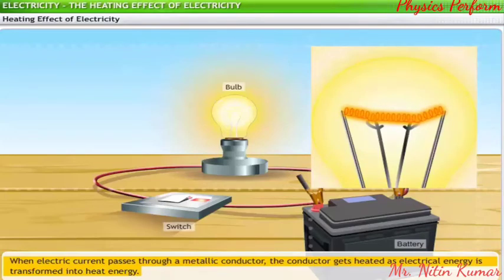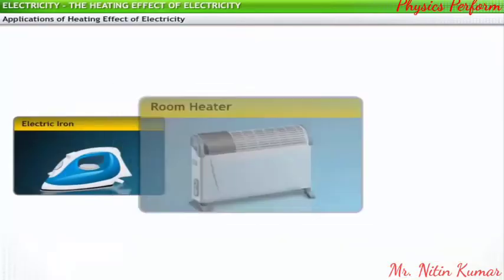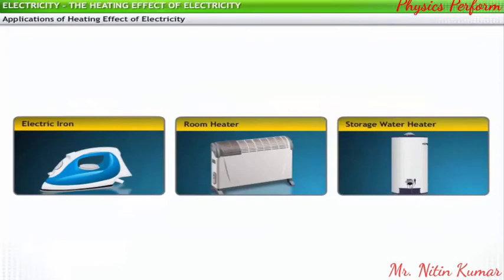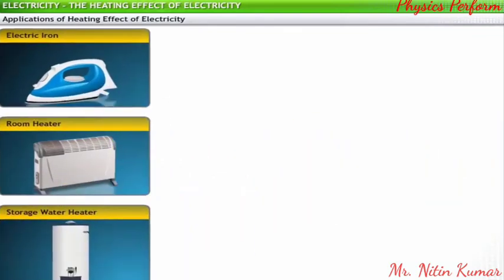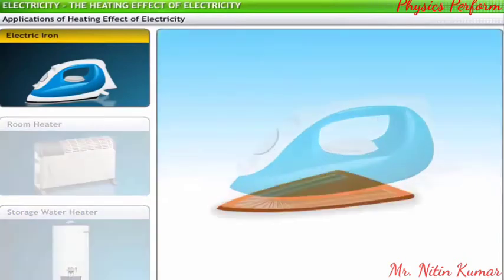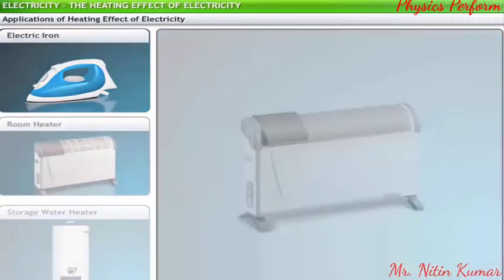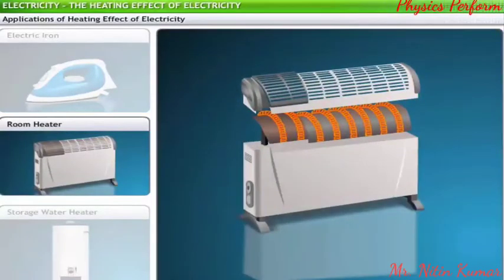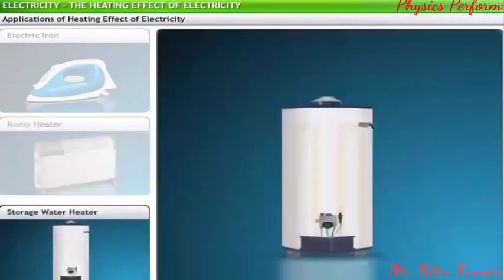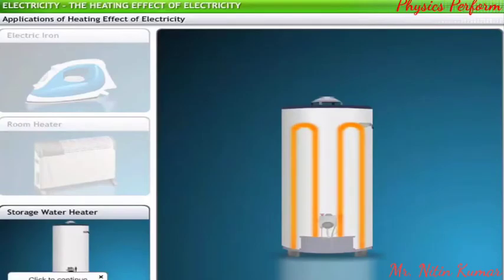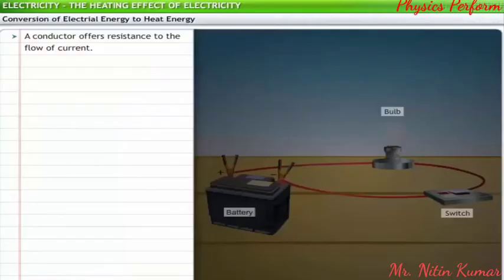This is called the heating effect of electricity. Many appliances in our household utilize the heating effect of electricity. Some common examples are electric irons, room heaters, and storage water heaters.